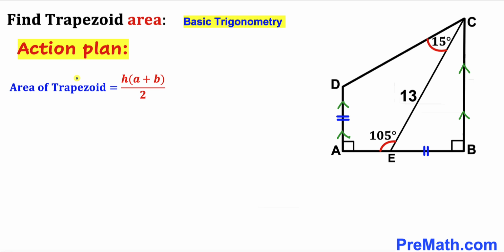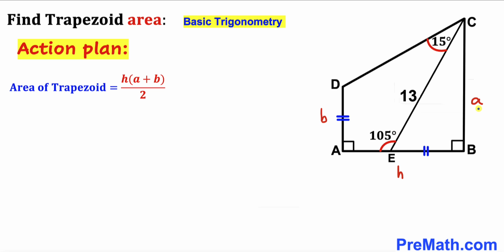And now let's recall the area of a trapezoid formula. Area equals height h times a plus b all over 2. And here this BC is our base a, whereas this side AD is our base b, and AB is the height of this trapezoid.